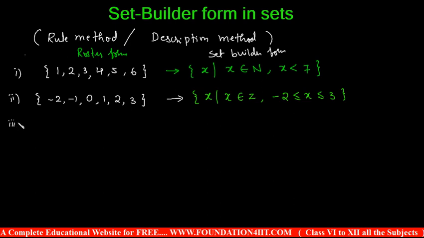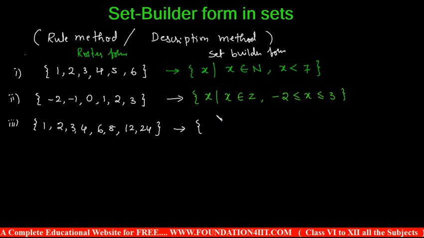Let us see one example. Here we have 1, 2, 3, 4, 6, 8, 12, 24. These are the elements. By observing the elements, we should see the condition. What is the description? If you notice, these are all the factors of 24, and there is no extra number.